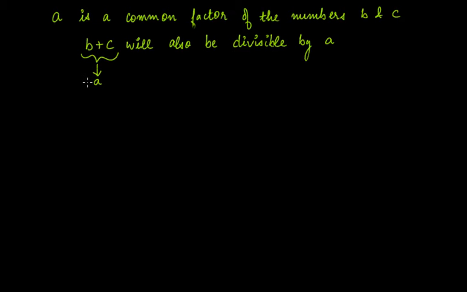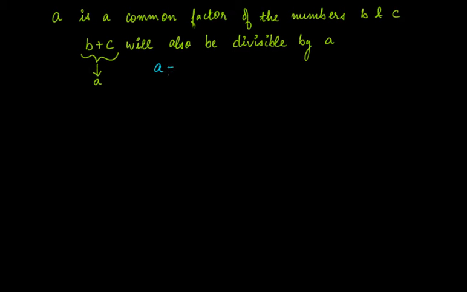Okay, so by factor we mean that that particular number will be divisible by the factor. So in this case, if B and C have their common factor as A, therefore B plus C will also be divisible by A.